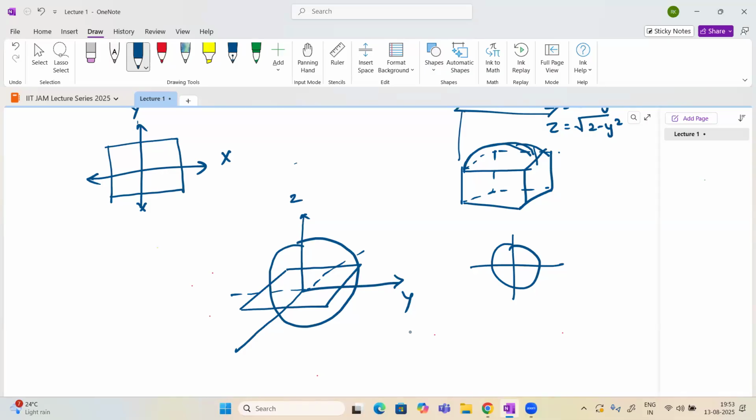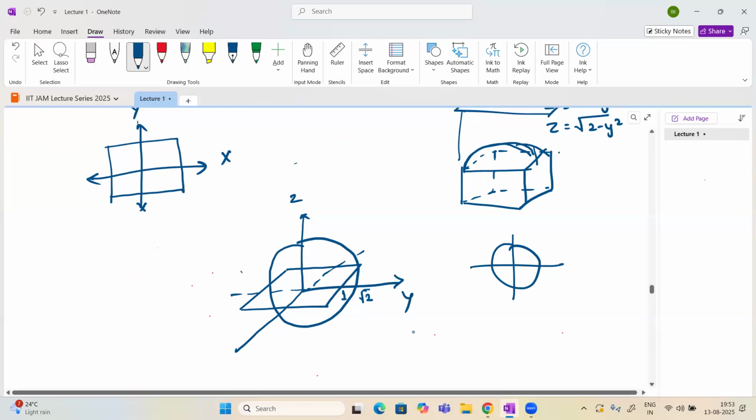This line intersects at 1 and this circle intersects at root 2. Getting the point? So the previous diagram was better than this one, no? Okay.